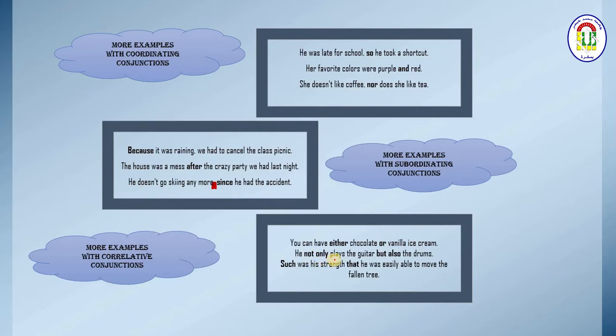He not only plays the guitar, but also the drums. Such was his strength that he was easily able to move the fallen tree. So such that normally it is used mainly with dependent and independent clauses.